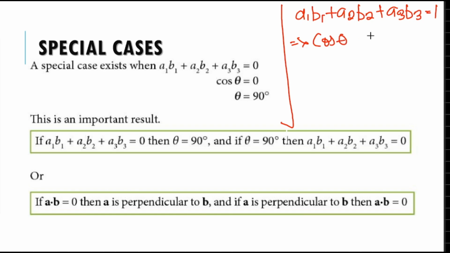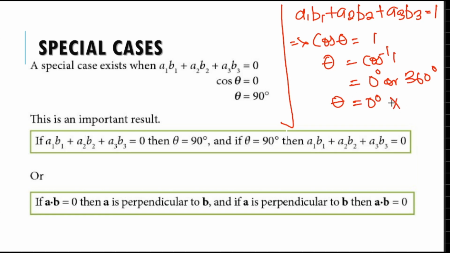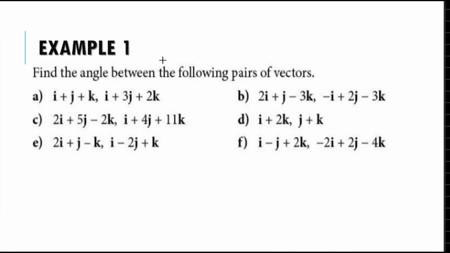That will be cos theta equals 1. So theta equals cos inverse of 1, which is 0 or 360 degrees. Basically, we use the acute angle, so theta equals 0. This gives that the vectors are parallel to each other. Okay, so those are the special cases.